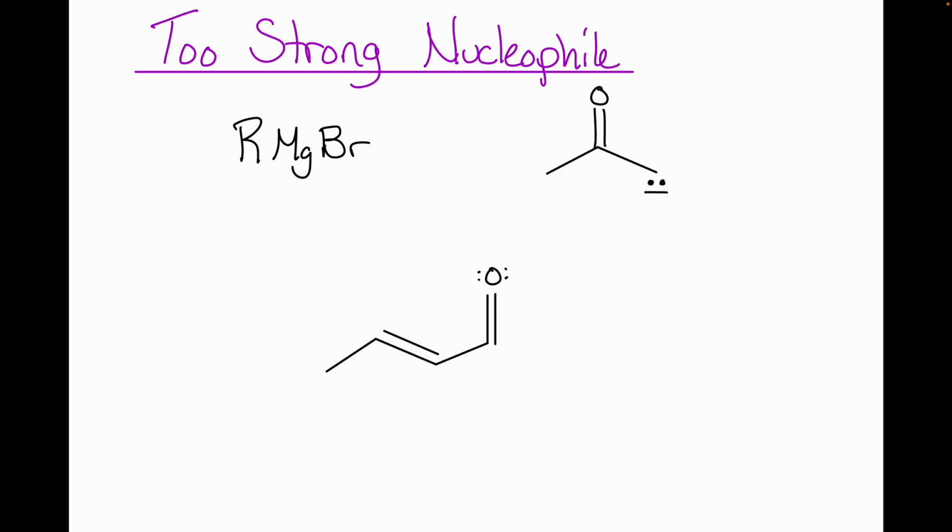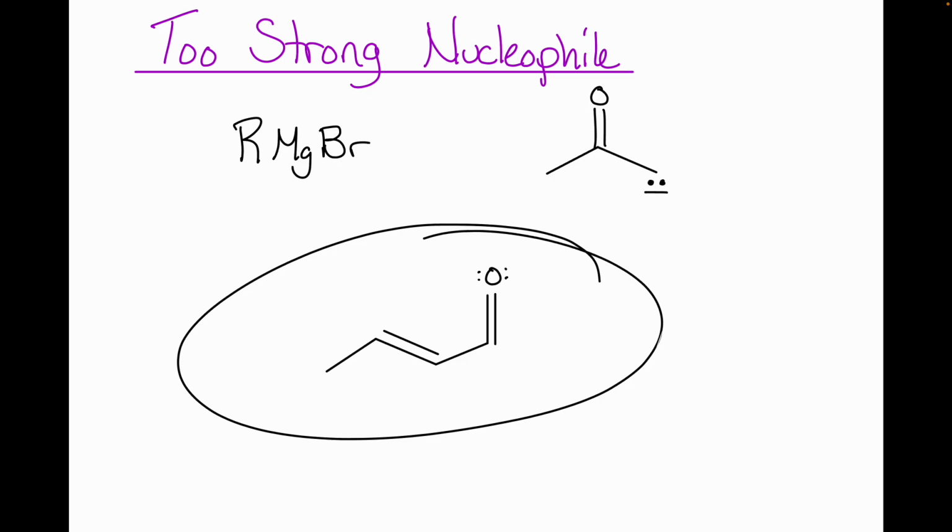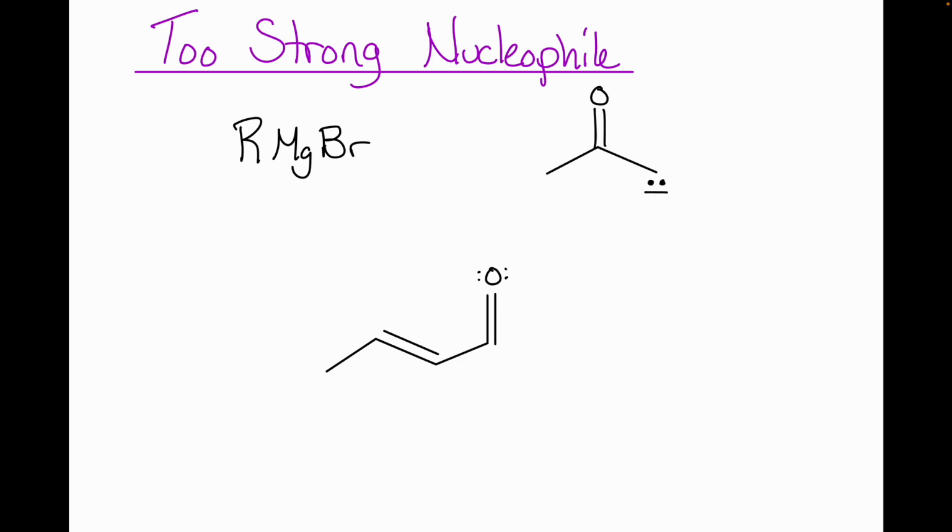where have we seen Grignards react before in a molecule like this? What's the electrophilic site that we've seen Grignards attack before? The carbonyl carbon, all right? And that's exactly what's going to happen.